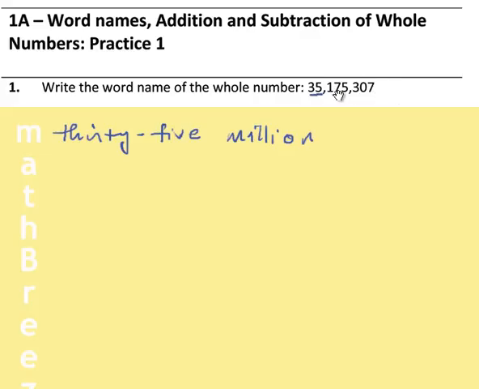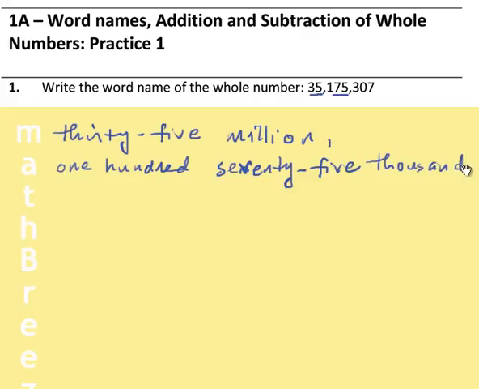And next we have 175. I'll put a comma here. 175 thousand. And now the next group, 307.